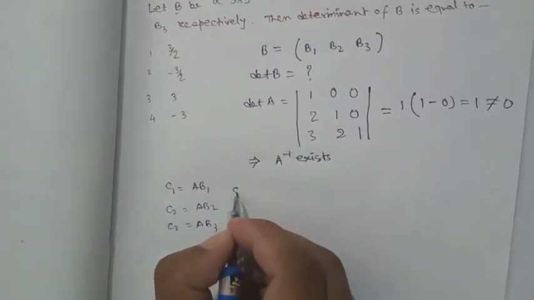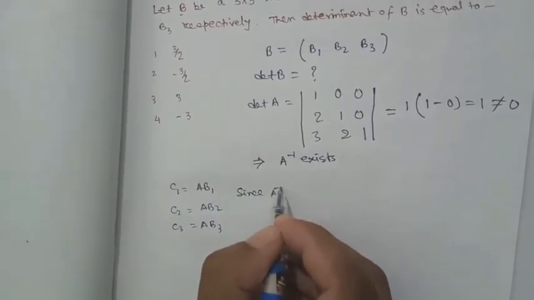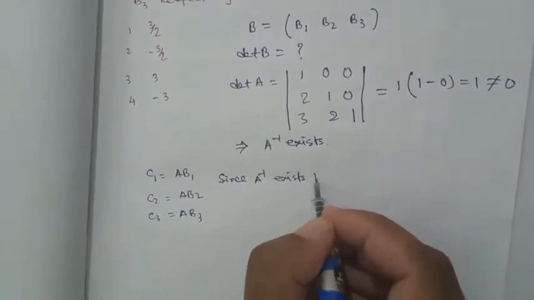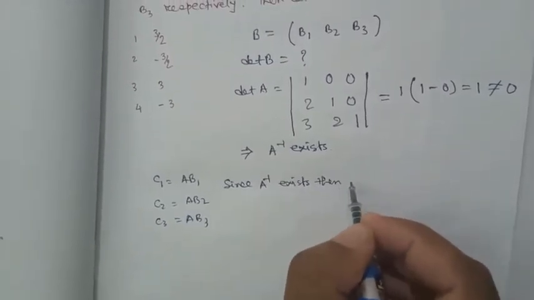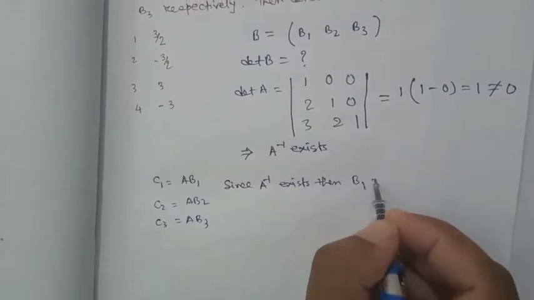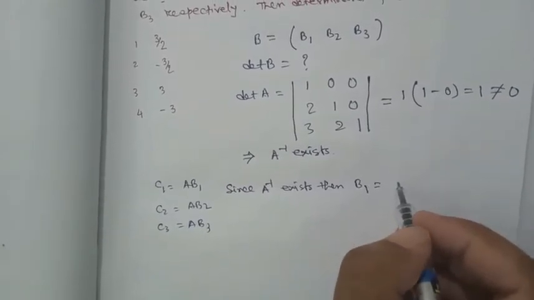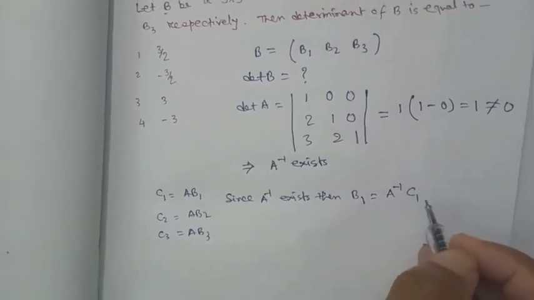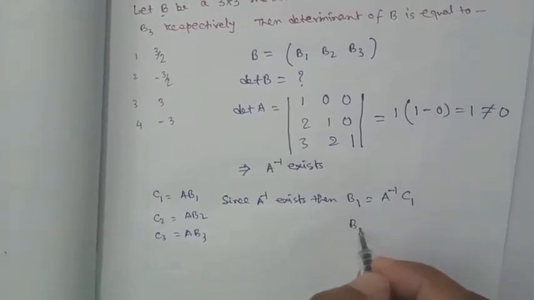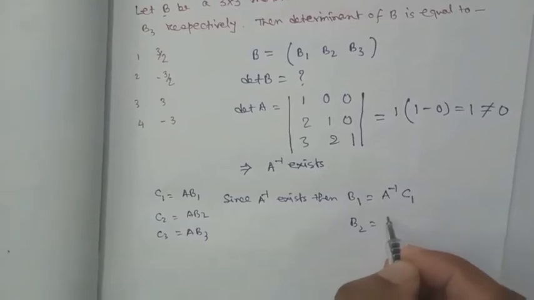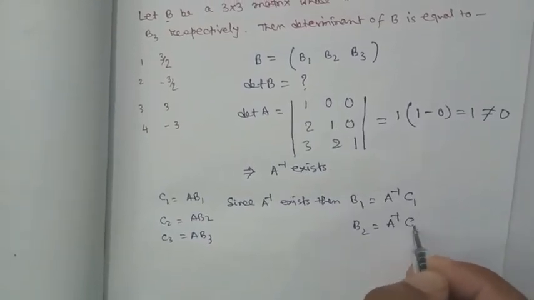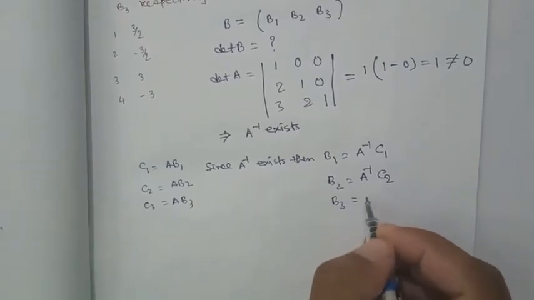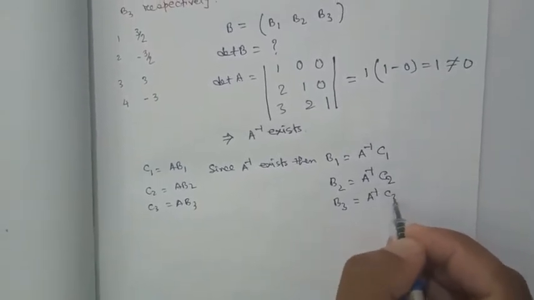Since A inverse exists, we can say B1 equals A inverse C1, B2 equals A inverse C2, B3 equals A inverse C3.